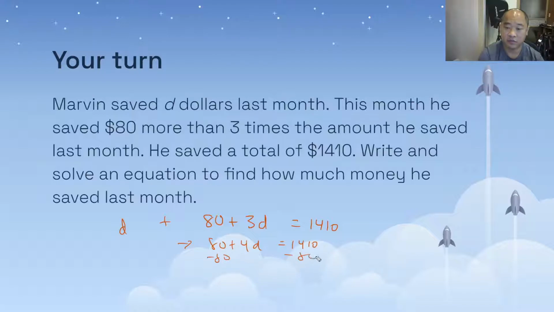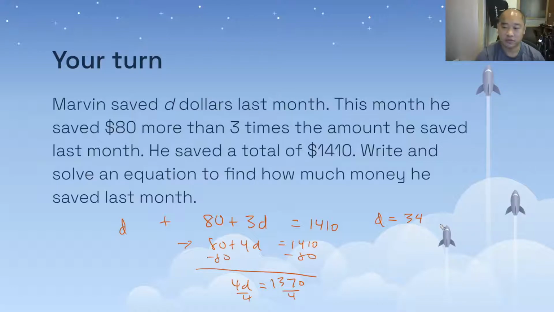Subtract 80 from both sides. 4D equals 1370. And then divide by 4. D equals, 4 goes into 13 3 times. 1, 17. 4 times, 16, 1.